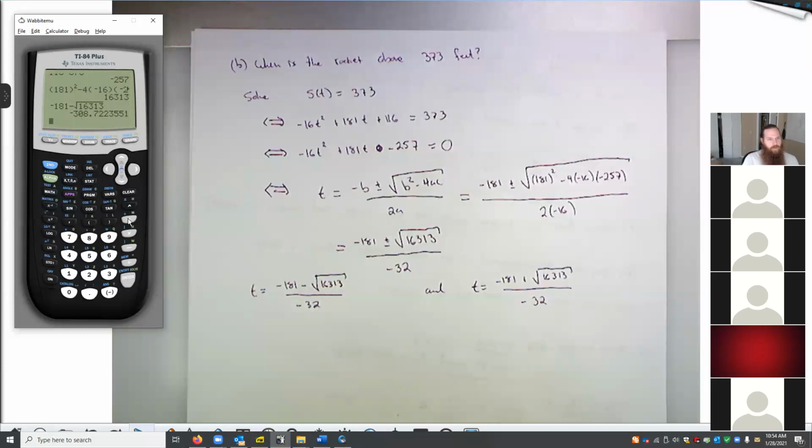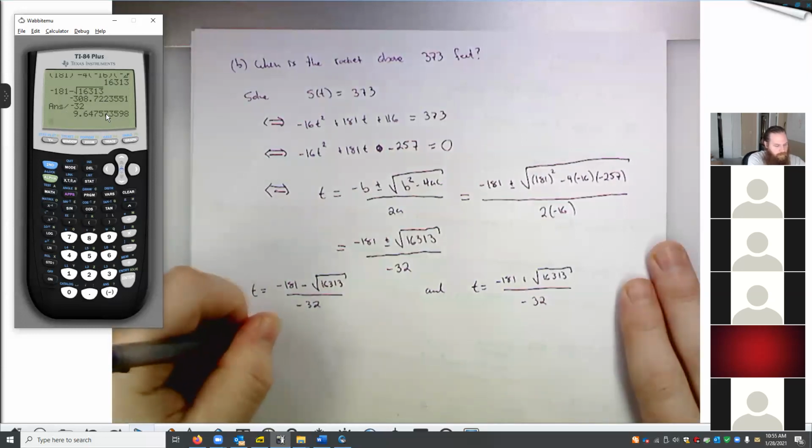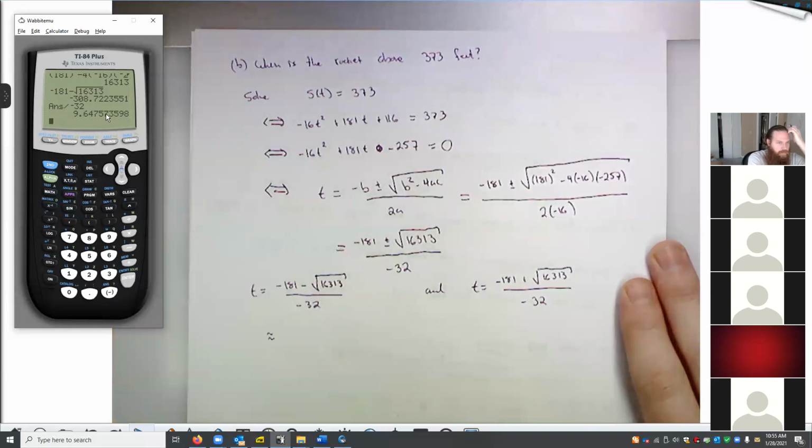And then I'm going to divide that by negative 32. That gives me 9.64757 seconds. So I'll write this down. I've been rounding to 3 decimal places. So it would be 9.648.